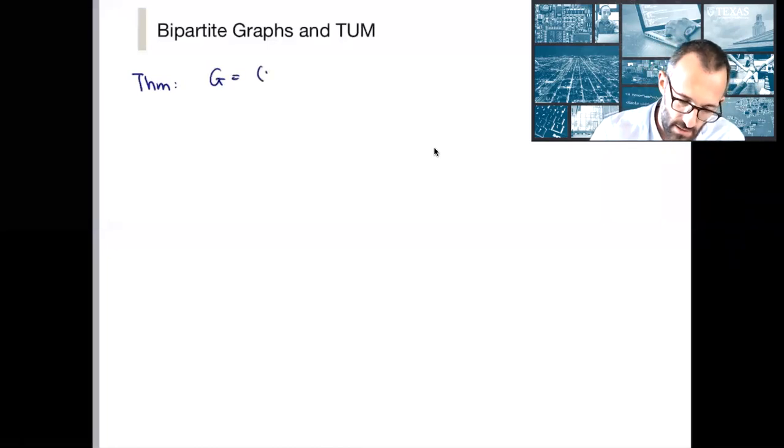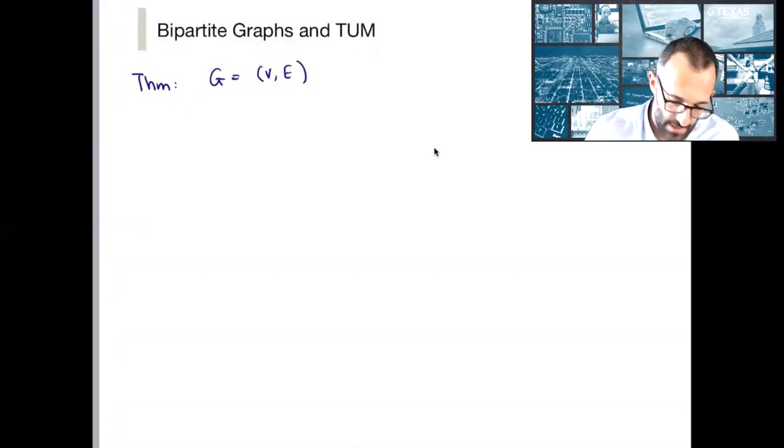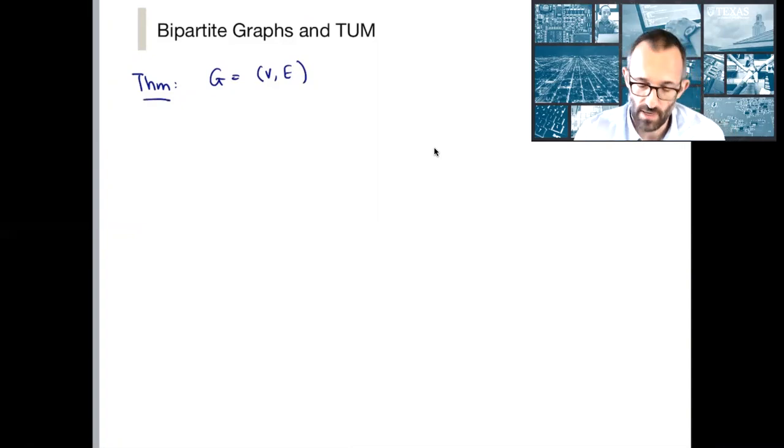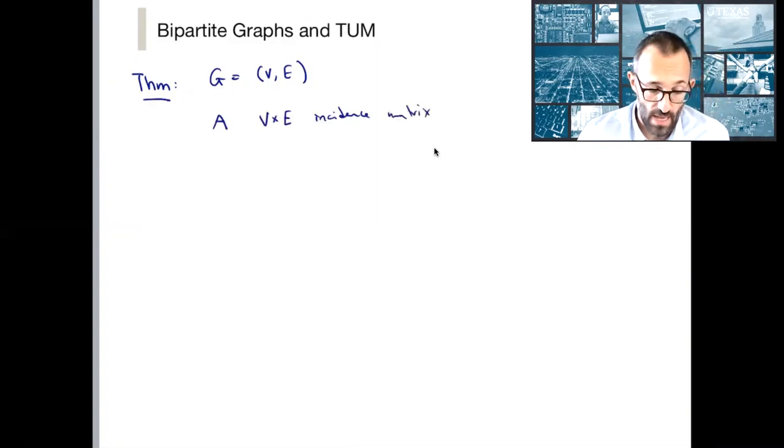G is our undirected graph. And as usual, as we've defined in previous lectures, A is its unsigned incidence matrix, because we don't have a directed graph. So it is the V by E incidence matrix, which means that it just encodes where the edges are.